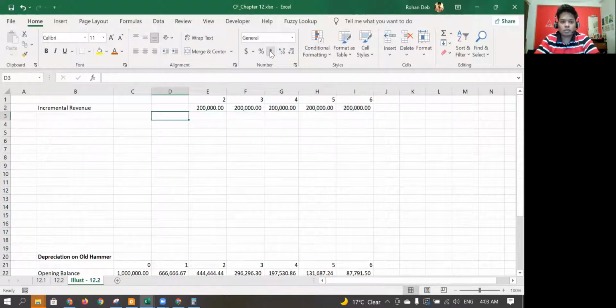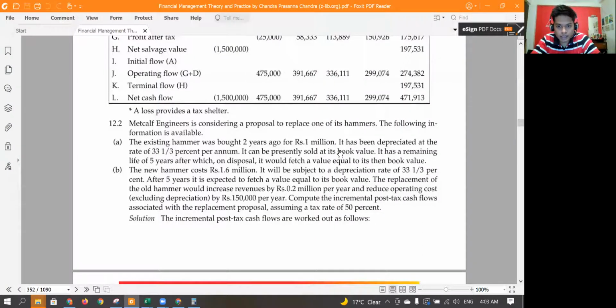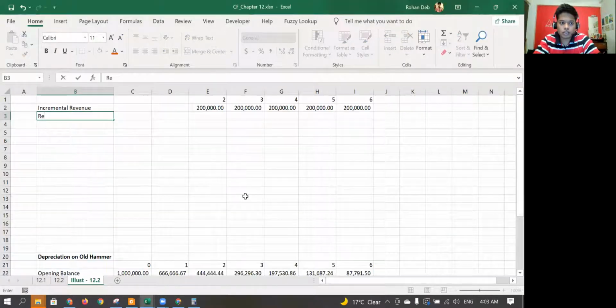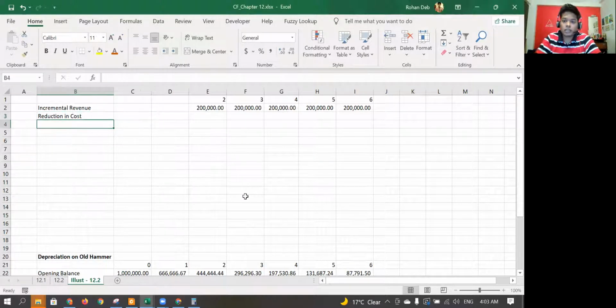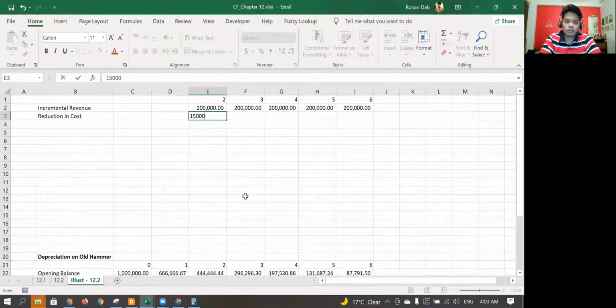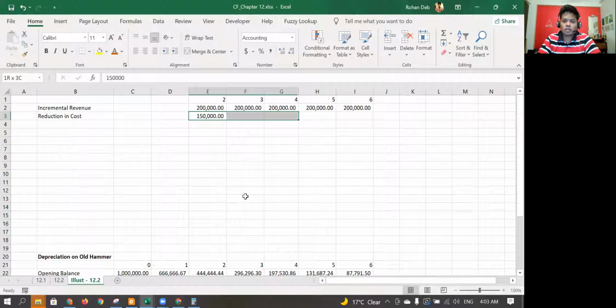Next it says reduce operating cost including depreciation by 150. So reduction in cost. Reduction in cost is a positive amount, so 150. All right.